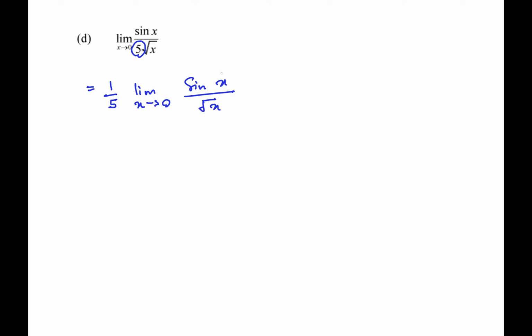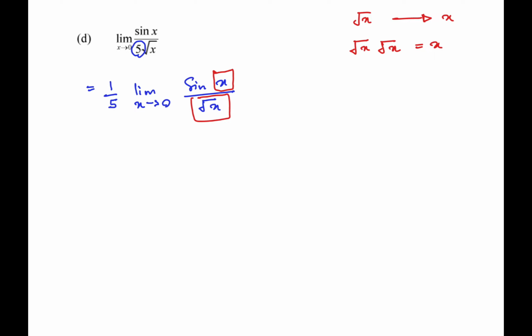As we can see here, the angle is x, your denominator is square root of x. So you must modify your denominator so it becomes x. If you have square root of x in the denominator, you want to change it in terms of x. We know that square root of x times square root of x equals x.